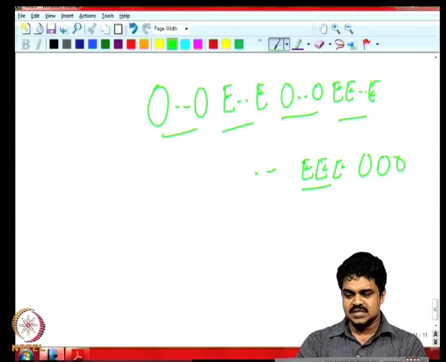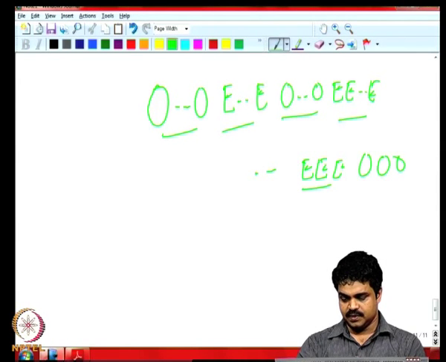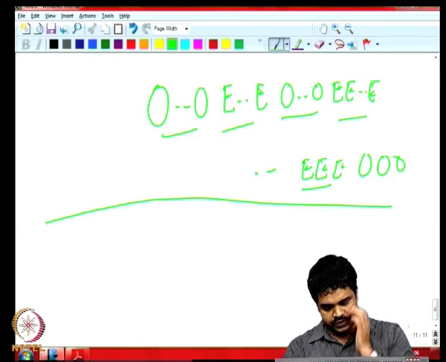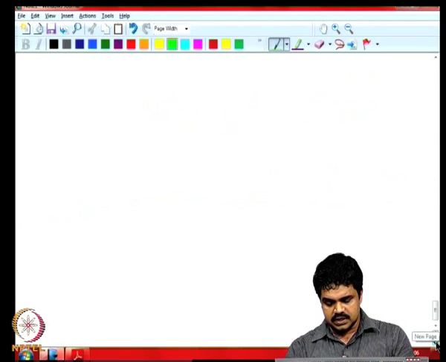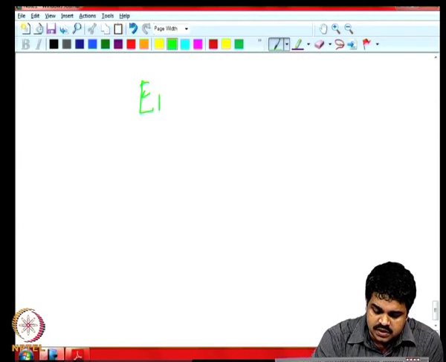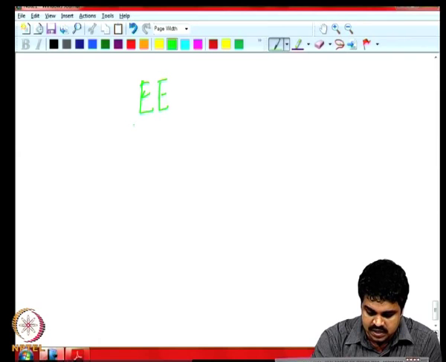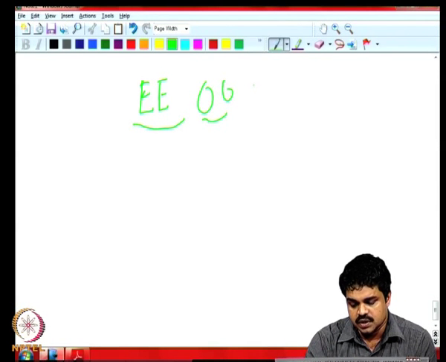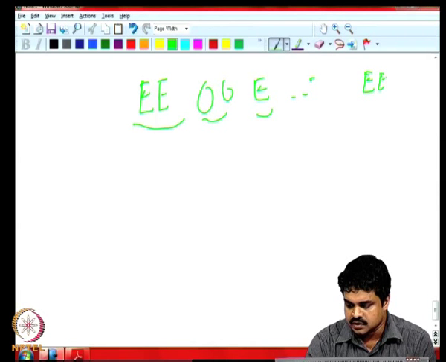Because these are disjoint sets, we can just add them together. Now, the question is: how many patterns are there starting with an E run, something like E, E, O, O, then E, and so on, and ending with an E?